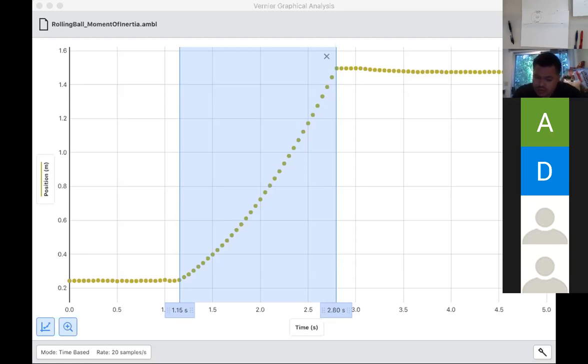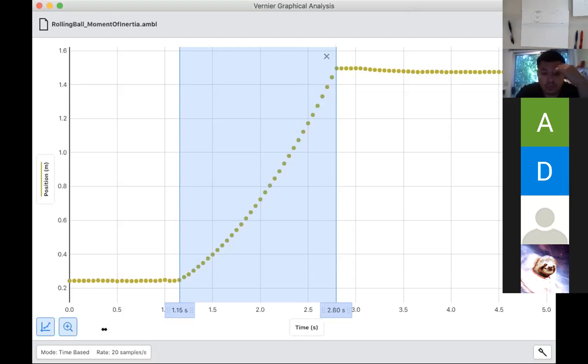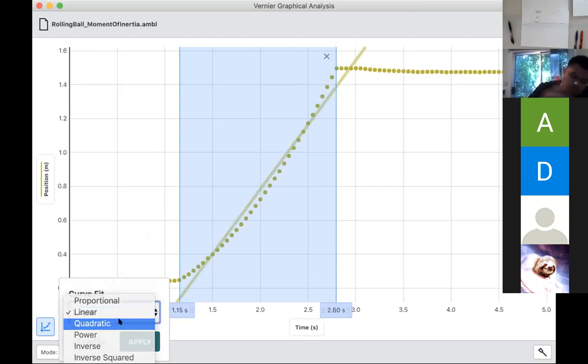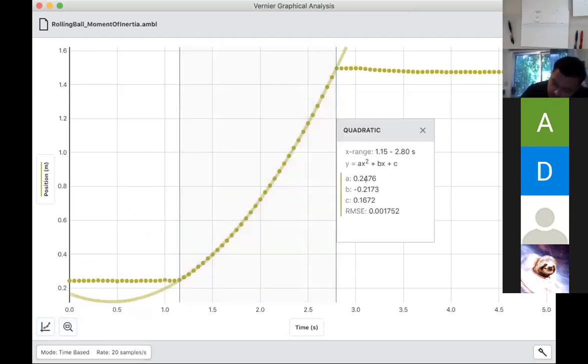Yep. So 0.85, which means if I look at my data here and I fit a parabola to it, right? I say apply curve fit. I want a quadratic. I hit apply. I get this coefficient A which is related to my acceleration. It's not my acceleration, remember?